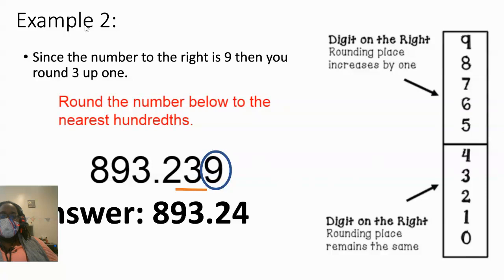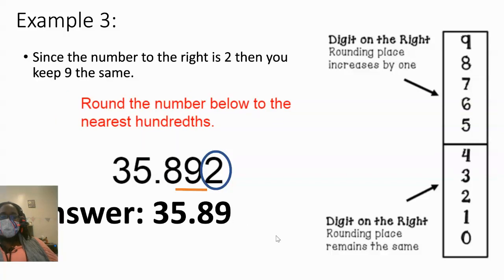Since the number to the right is 9, then you're going to round 3 up 1. So your answer is going to be 893.24 when I round it up. Okay. And again, using this number line, we have 5, 6, 7, 8, 9. If it's 5 or greater, then it will go up. Let's look at the next example. And please make sure that you copy these examples in your notes.